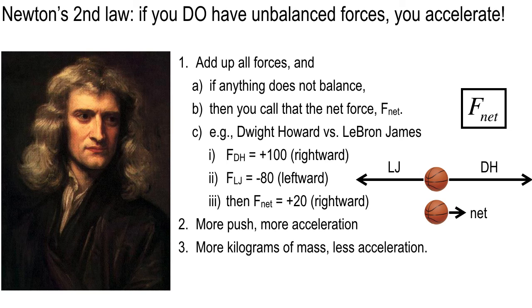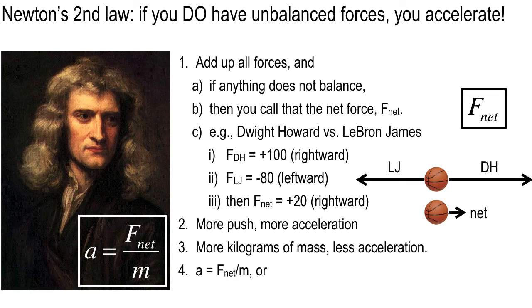The net force will be in the numerator, because the bigger the numerator, the bigger the quotient. And the mass of the object would have to be in the denominator, because more mass, smaller quotient. And that's how his second law works. A equals F net divided by M.